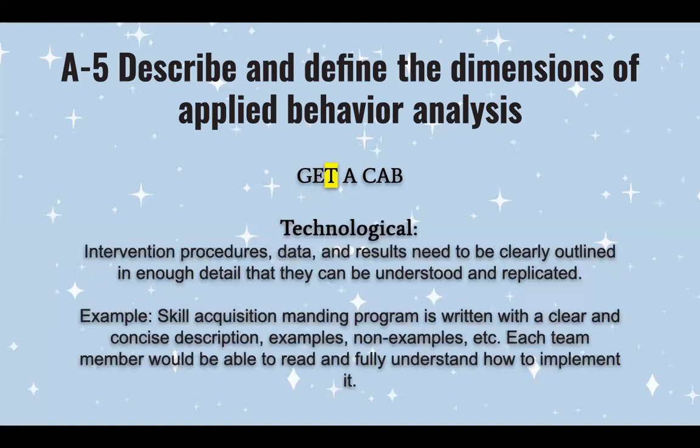T, technological. Technological refers to intervention procedures, data, and results needing to be clearly outlined in enough detail that they can be clearly understood and replicated. So for example, you're introducing a skill acquisition manding program.